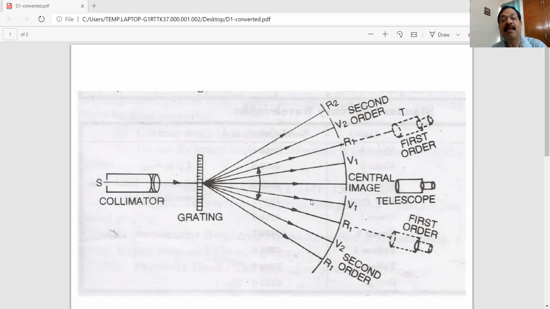Spectrum is seen, and you can see from violet to red. Note down the readings of both the verniers by keeping the vertical cross wires on each color by shifting the telescope by the slow motion screw. This way, the first order of spectrum is noted.